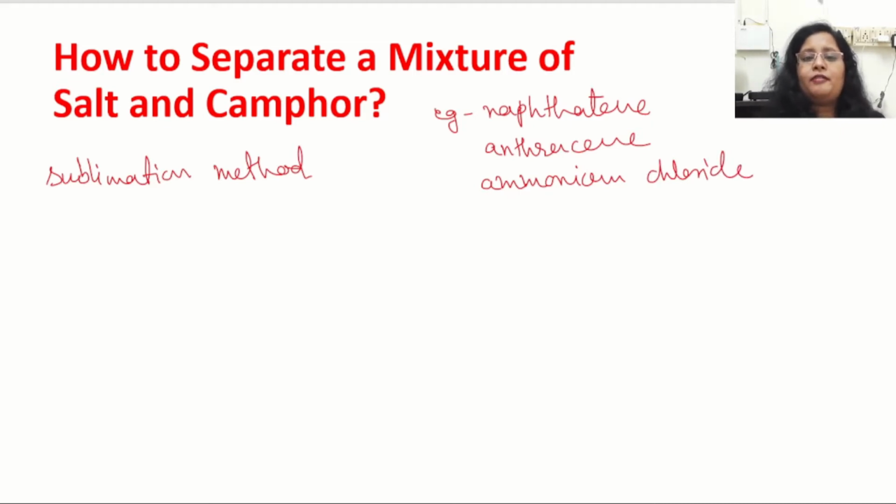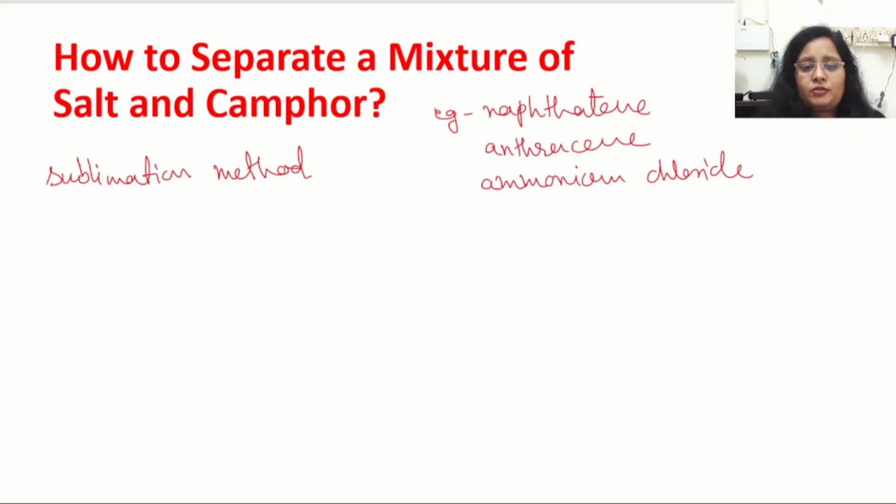So if we have a mixture of ammonium chloride with some impurity, or anthracene with some impurity, or naphthalene with some impurity, we can use the sublimation method like we are using in the salt and camphor method. Here we have camphor with the impurity of salt.